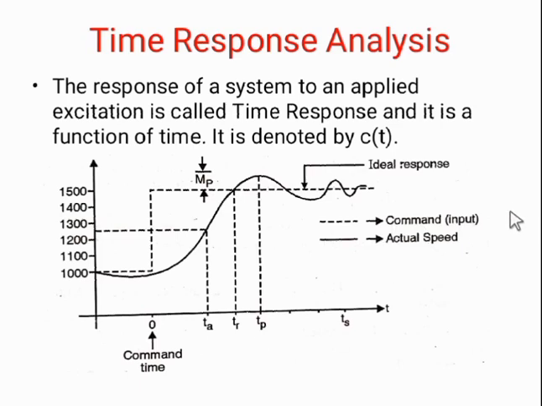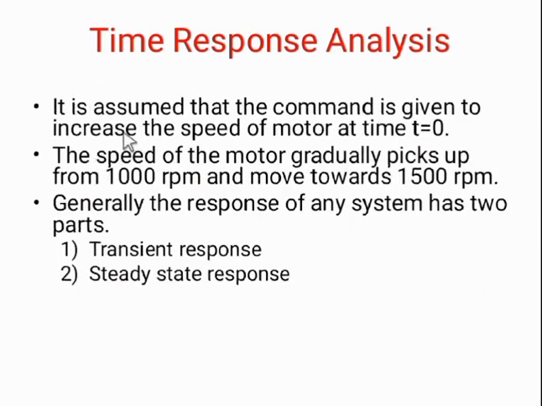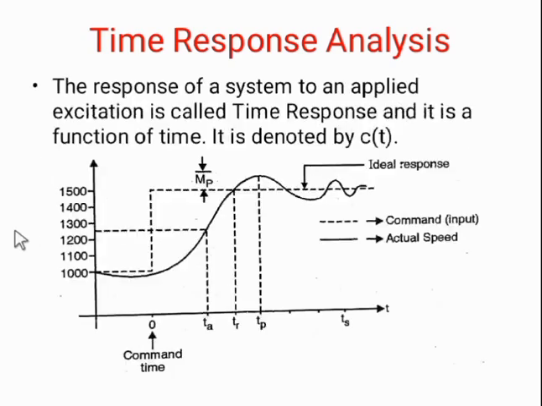First we assume that the command is given to increase the speed of the motor at time t equal to 0. So this is the time t equal to 0. At this point, a command is given to the system to increase the motor speed from 1000 rpm to 1500 rpm.